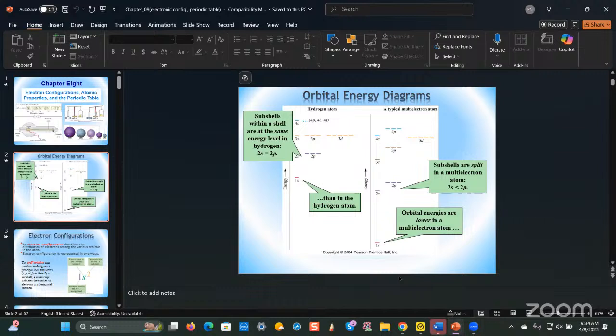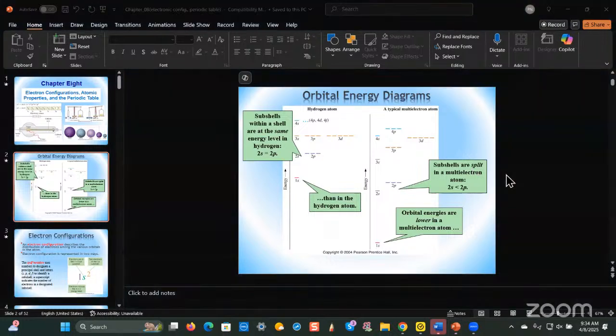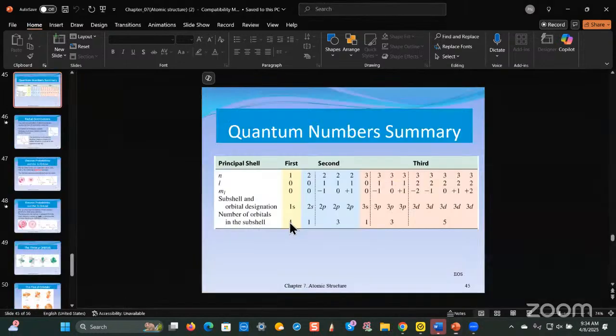All right. So we're going to move on to chapter 8. But before we do that, I want to harken back on something that I talked about in the latter part of chapter 7. So I'll be going back to this slide right here in chapter 7. Okay.